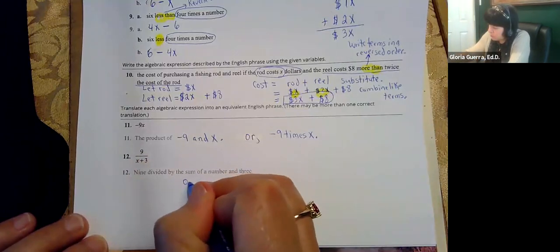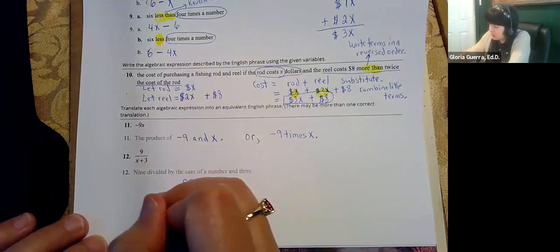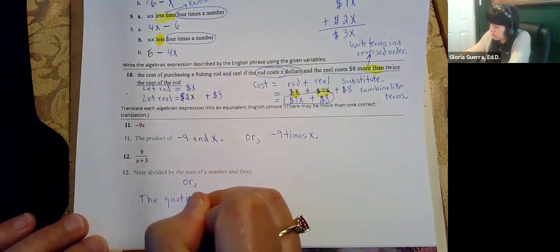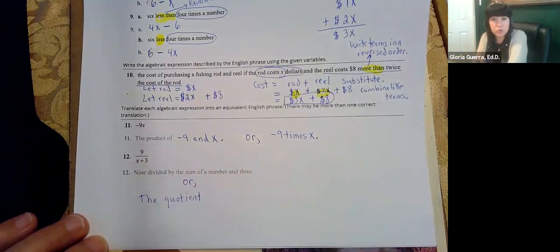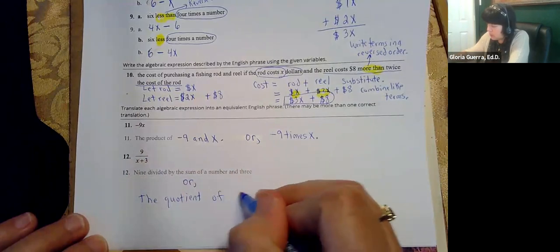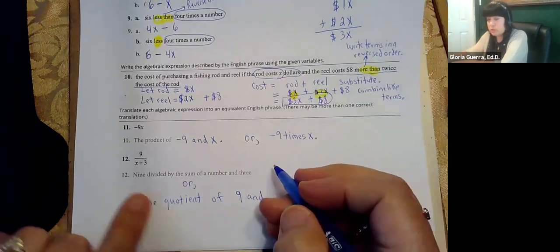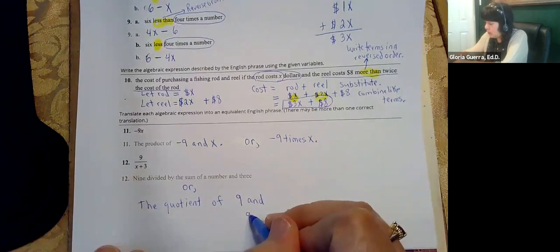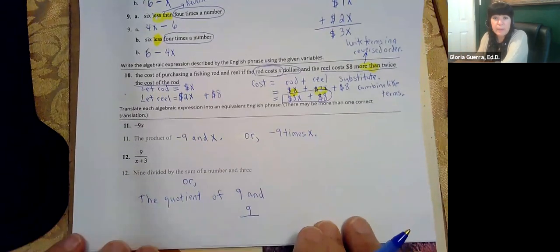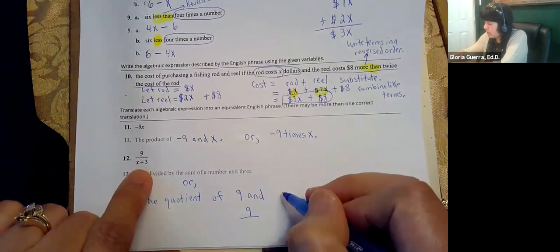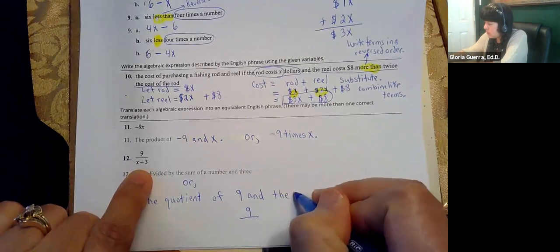Or another way to write this is the quotient, because in math, quotient means divided. The quotient of what? Of 9 and, see? So the quotient of 9 and, so that's already telling you to do that. The quotient of 9 and what? Well, you want to describe this. This is the sum.